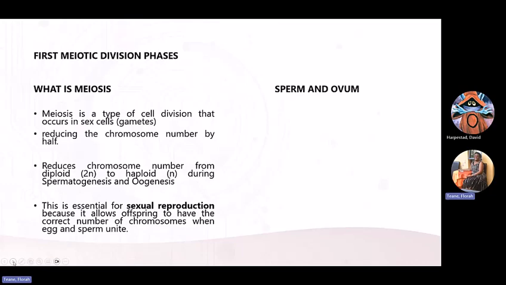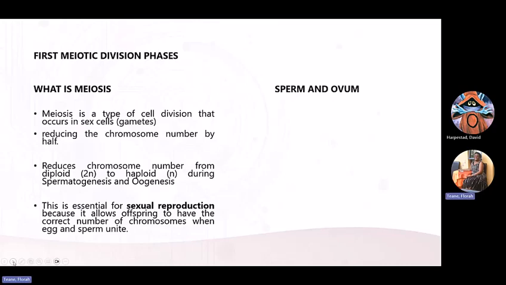When the nucleus of a sperm and that of an ovum or egg cell fuse, in a process called fertilization, a zygote is formed. But bear in mind that these sperm cells and the egg cells are formed by the help of meiosis.